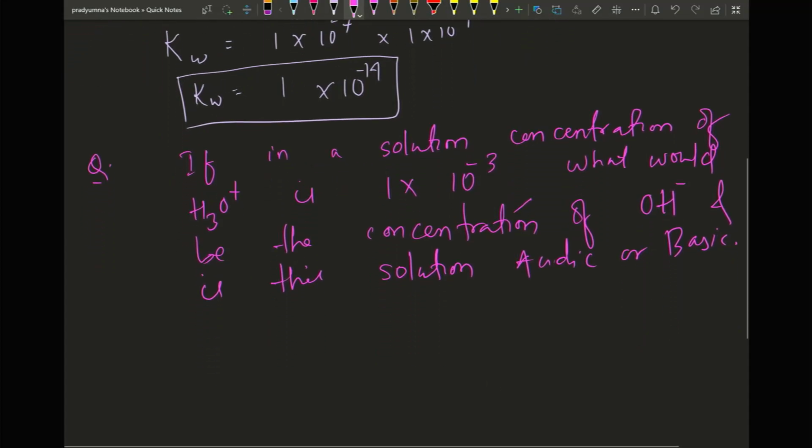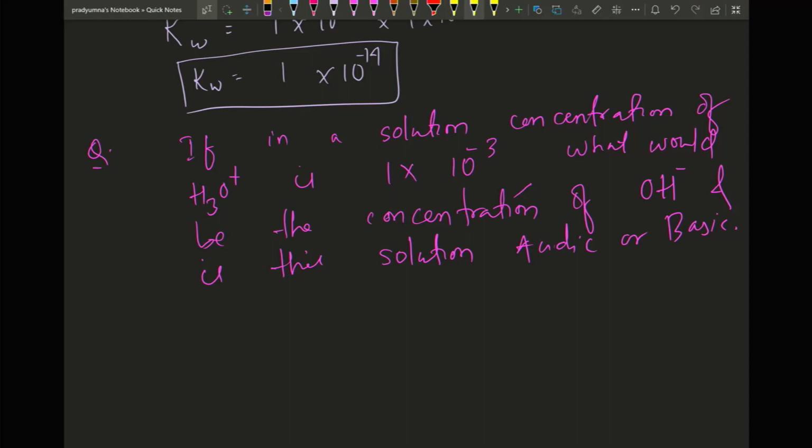So what are the things given here? What is given here is the concentration of H3O plus.